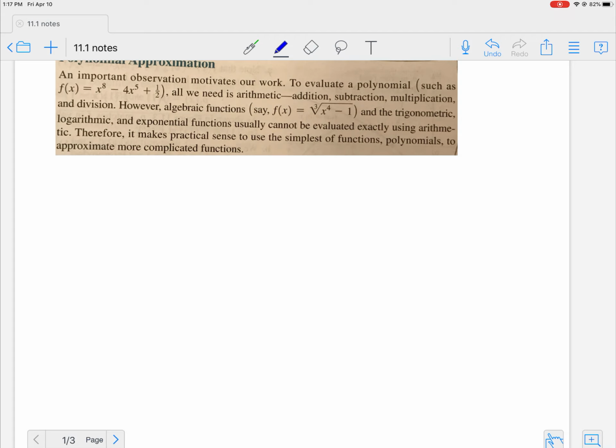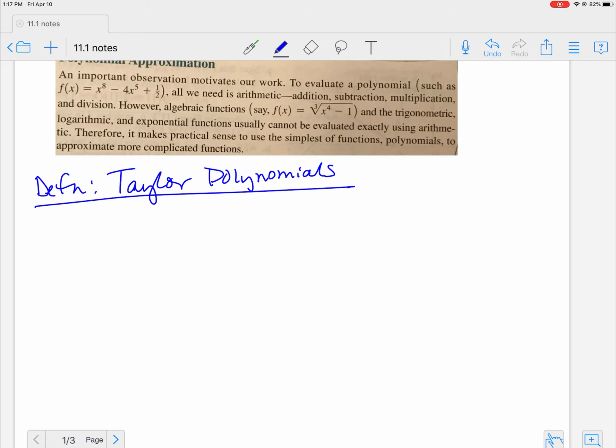It's a rather lengthy definition, but it has lots of good info in it, so we're writing it out. The definition of Taylor polynomials. All right, let f here be a function with f prime, f double prime, so first derivative, second derivative, right?